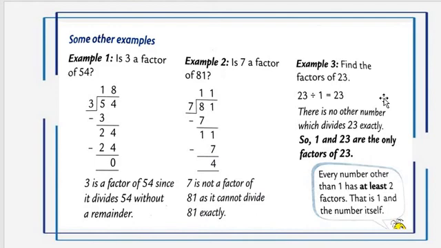One is 1, because any number multiplied with 1 gives the number itself. So that is the condition: 1 and the number itself. Understood, my dear students? I hope you all understood.